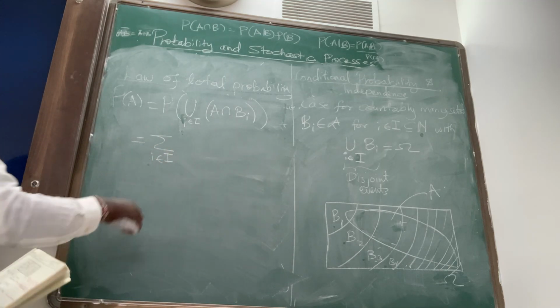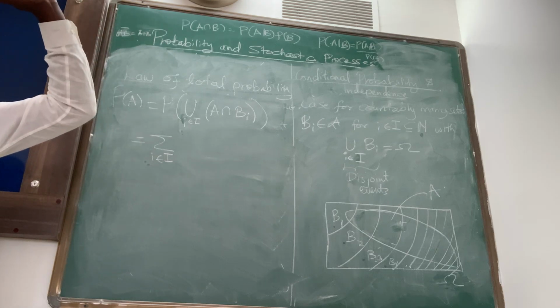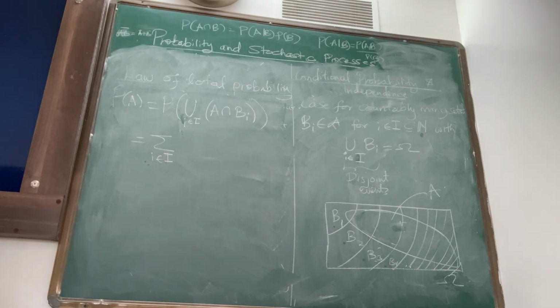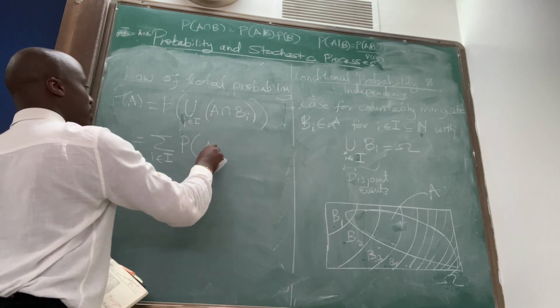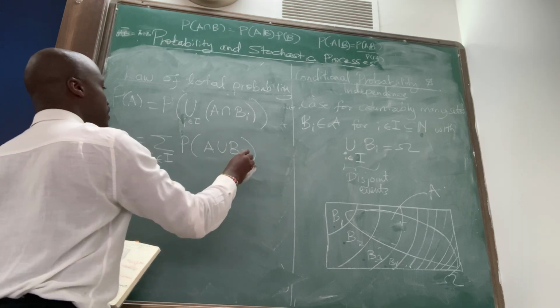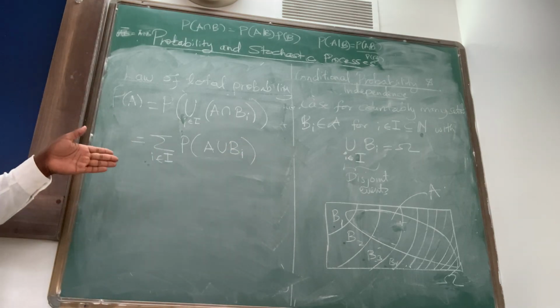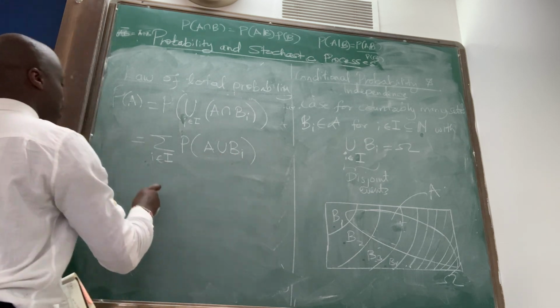So this index set means we are doing it from i equals 1 up to the number we have, n or m. So we can just add them. We take probability of A intersection Bi. That means probability of A intersection B1 plus probability of A intersection B2 plus probability of A intersection B3, until we are tired.